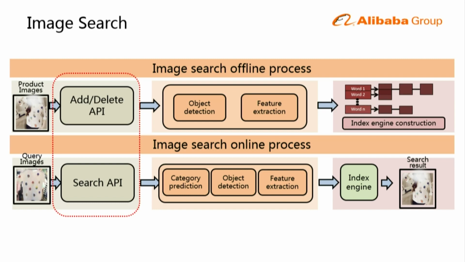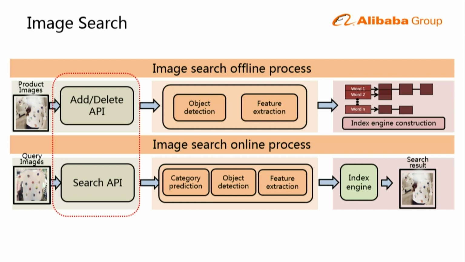First of all, we do object detection, because we are only interested in the object or product within the image. Then we do feature extraction, and at this time each object within each image is represented as a feature vector. Then we develop the index engine to index the data. Later I will give more details about the indexing algorithm.